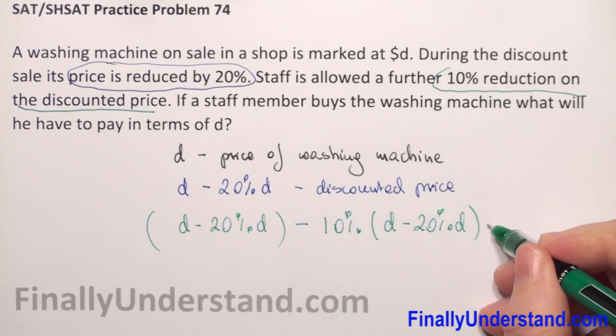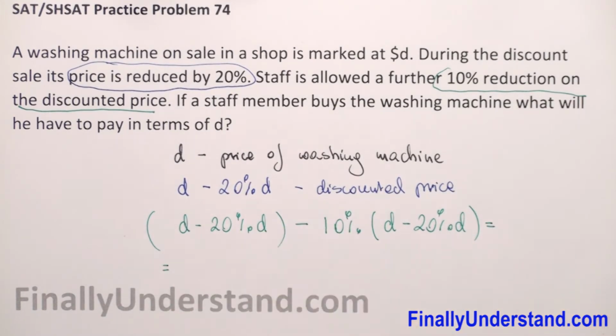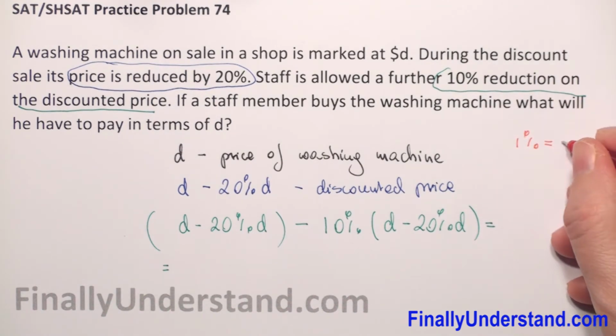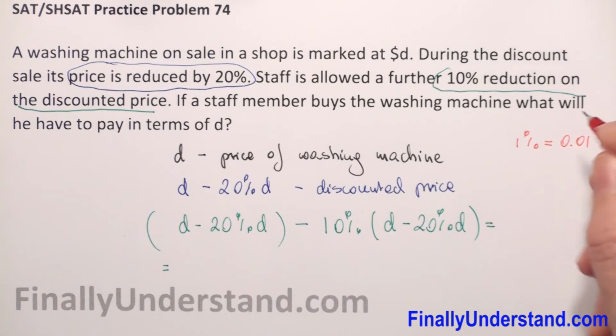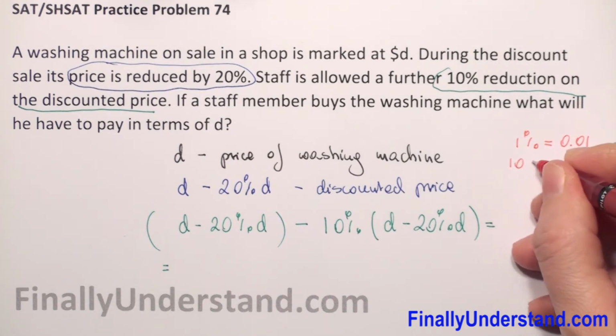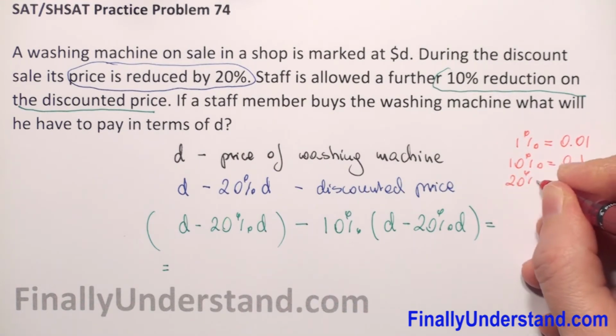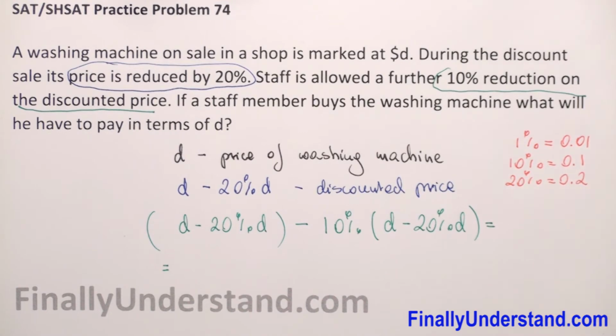So this is equal. We know that 1%, when we change to a decimal number, is 0.01. So 10% is 0.1, and 20% is 0.2.